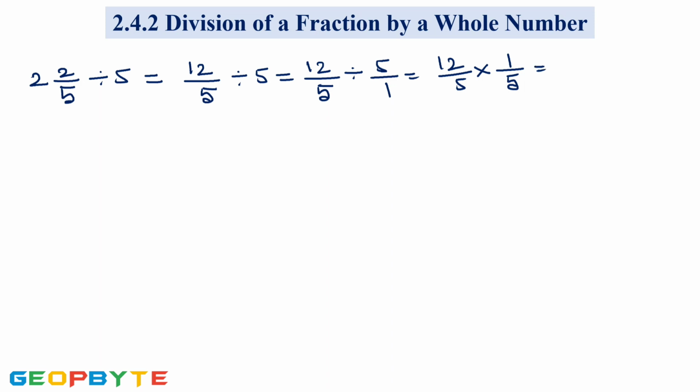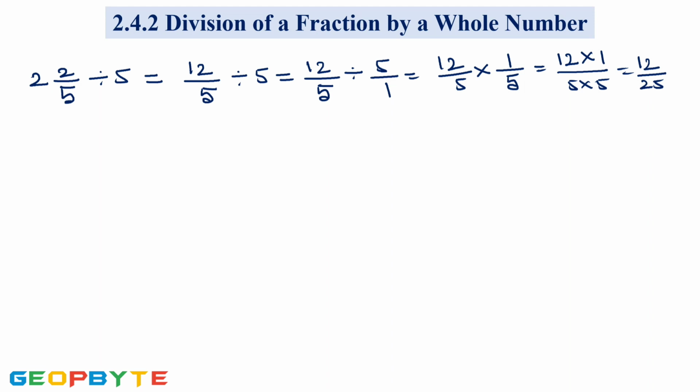This is equals to the product of fractions, that is the product of numerators, 12 into 1, by the product of denominators, 5 into 5, which is equals to 12 ones are 12, 5 5s are 25. So 12 by 25 is the result of 2 2/5 divided by 5.